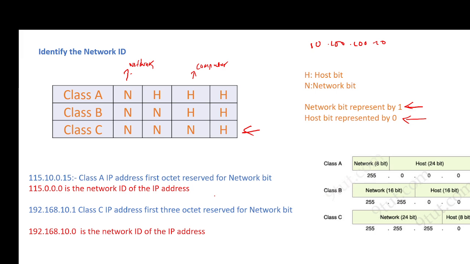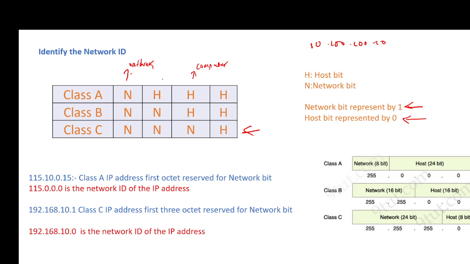Okay, and each and every class will have its subnet mask, which tells you which class or which subnet, which network it belongs to. If you put this formula, network is represented by 1 and host is represented by 0. Imagine in the N you will put all the 1s and in the H you will put all the zeros.